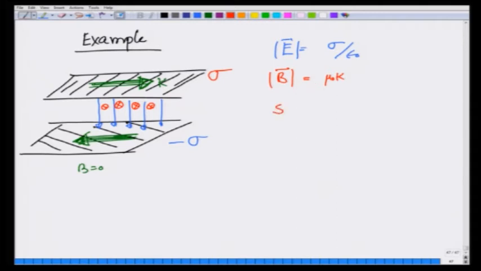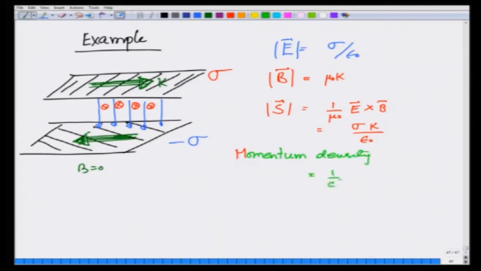Therefore, the S vector magnitude, which is 1 over mu 0 E cross B, is going to be equal to sigma K over epsilon 0, and the momentum density is going to be 1 over c square times sigma K upon epsilon 0, which is mu 0 sigma K. That is the momentum density, or momentum content per unit volume, in this region.